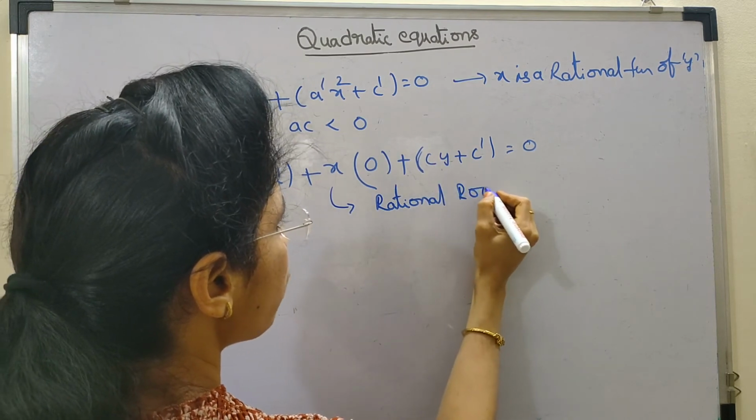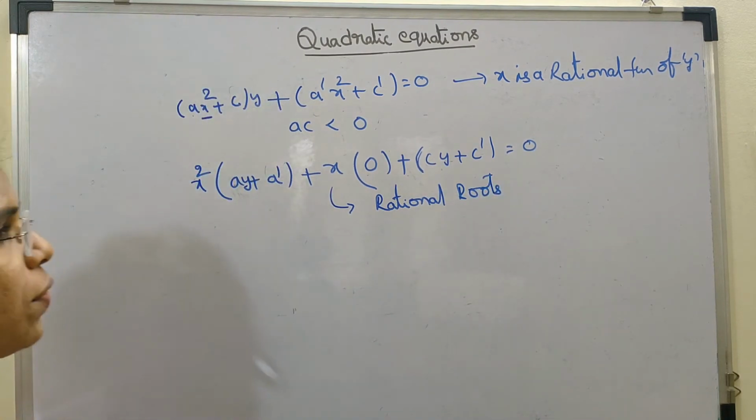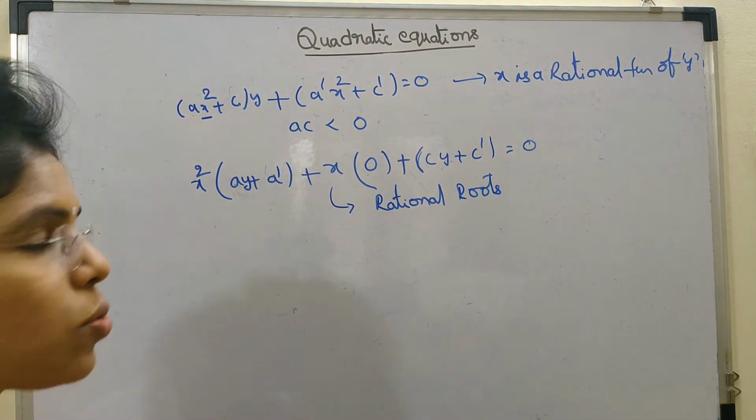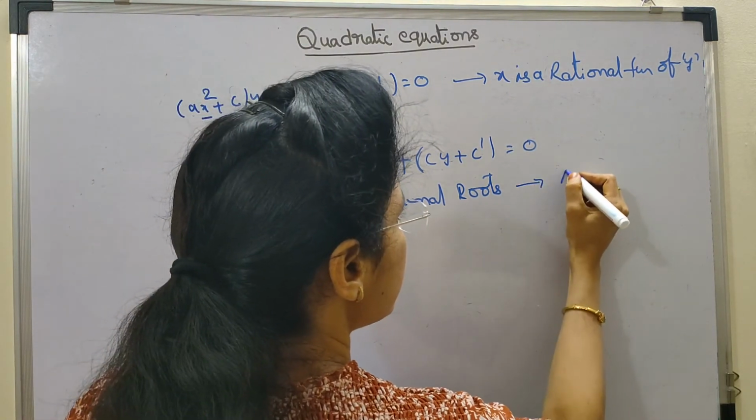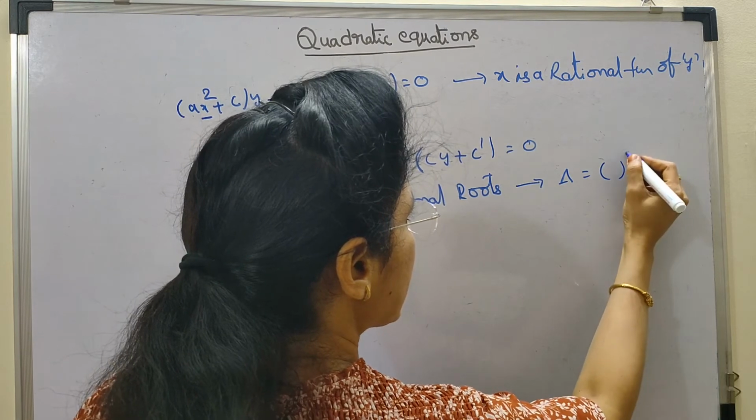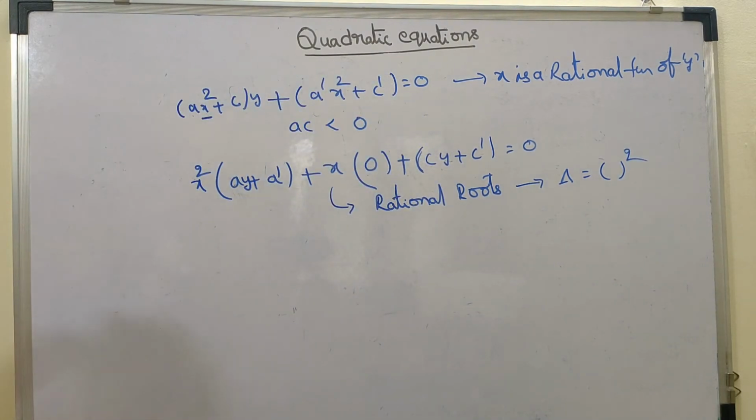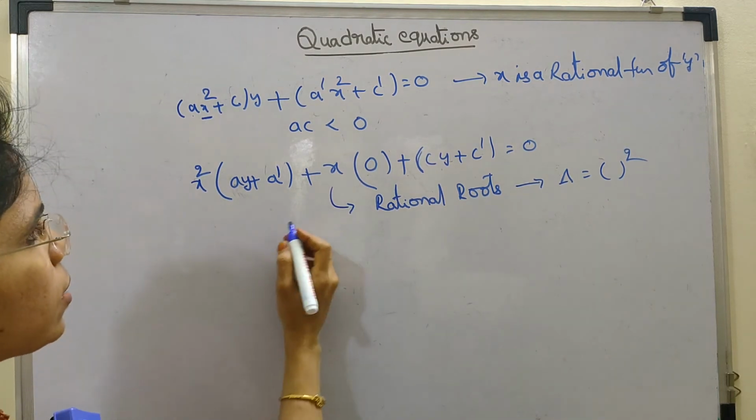What is the condition for a quadratic equation to have rational roots? The discriminant should be a perfect square and the coefficients are rational numbers. So what is the discriminant here?